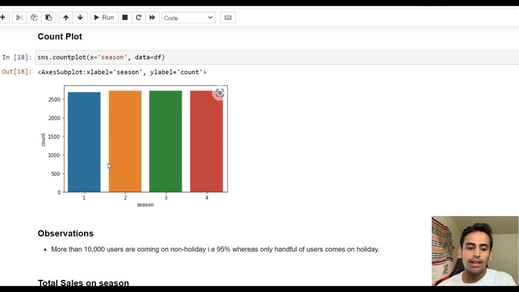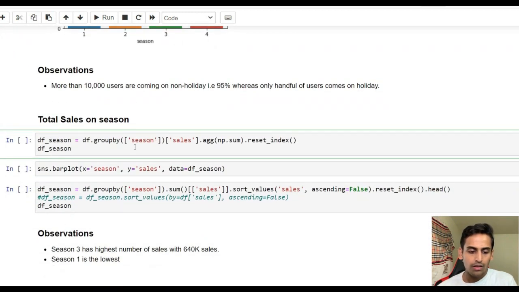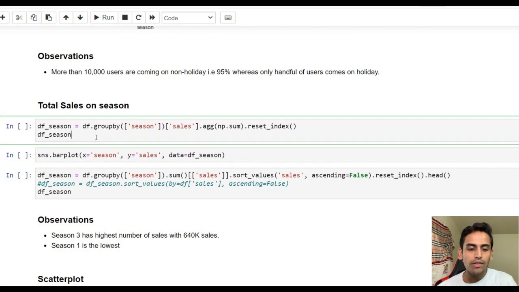Let's say, as a next level, I want to know how much sales volume happened across each season. These are total observations, and I can see that in each season we have almost the same number of observations. Now we want to see the sales volume across each season. First we need to do the aggregation at season level. So I'm passing the season, the numeric column is sales, and then I'm aggregating based on the summation.